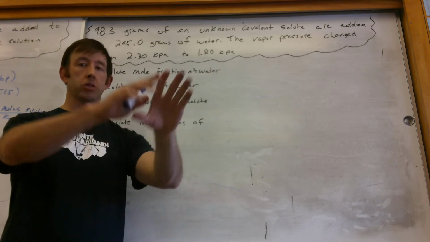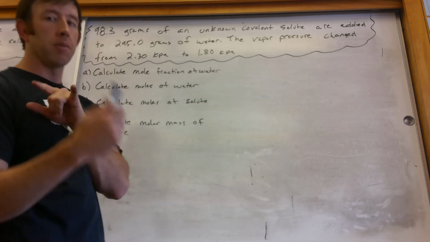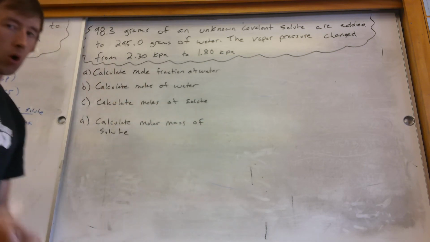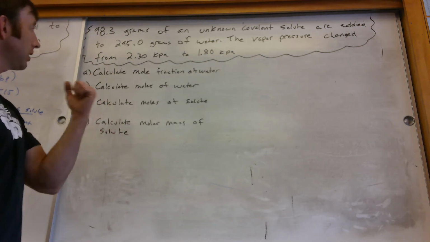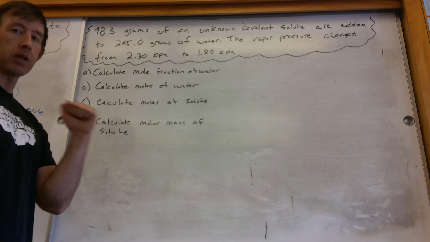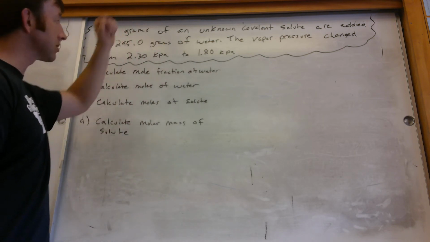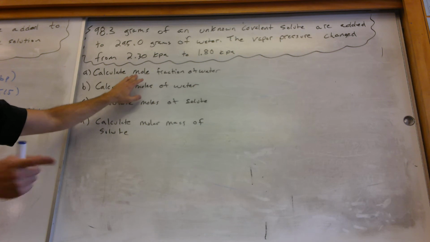If you look at your list of formulas, you'll see two formulas that have the mole fraction symbol, X solvent. How do you know which to use? That comes down to what information I'm given in the question. In this case, you are given pressures and masses, and one of those two formulas has pressures in it, so I'm likely going to use that one.